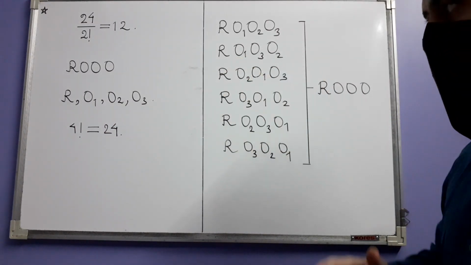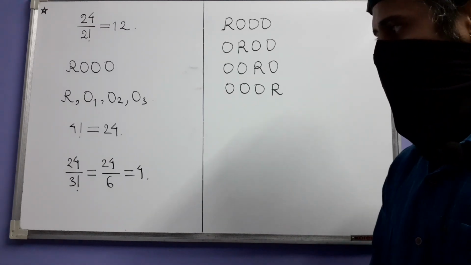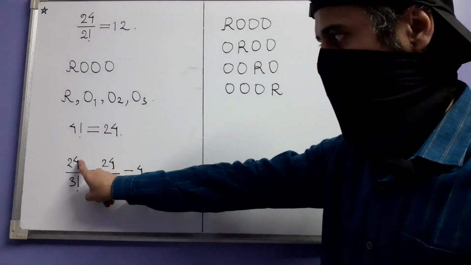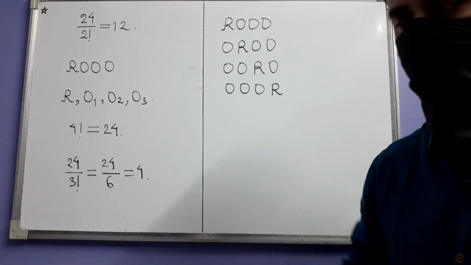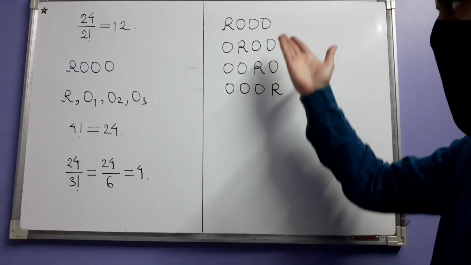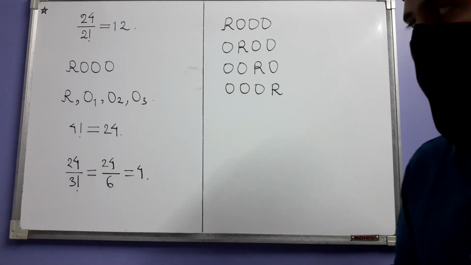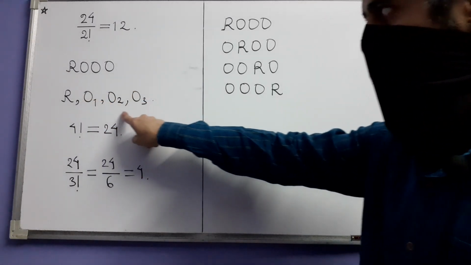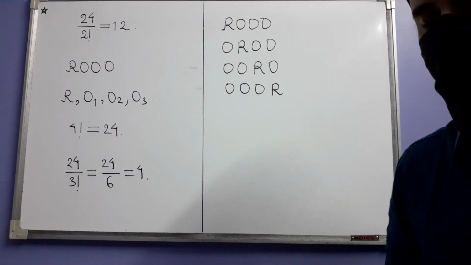So that is why you are having to divide by 6. So the actual number of arrangements here is 24 divided by 3 factorial, or 24 divided by 6, which is 4. And you can see that these are actually the arrangements. So only 4 in number. Whereas if you consider them to be different, then you are getting 24, which is wrong anyway.